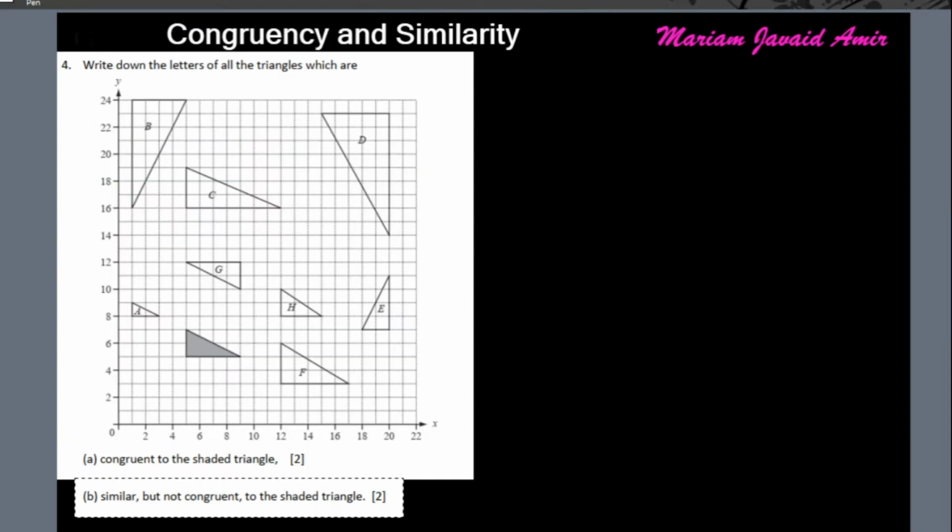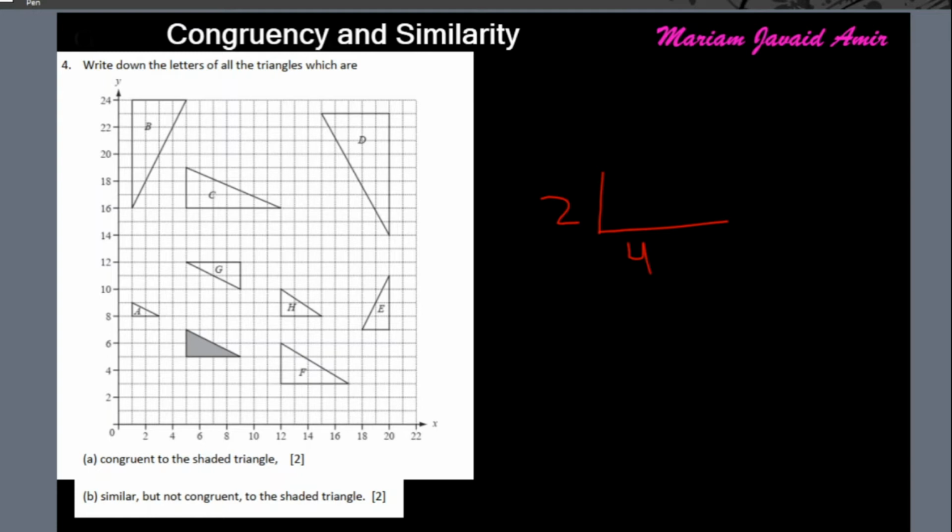Question number 4, which is write down the letters of all triangles which are part A congruent to the shaded triangle. So congruent means exactly identical. So how many triangles are exactly identical to the shaded triangle? This length is 2 units and this length is 4 units.